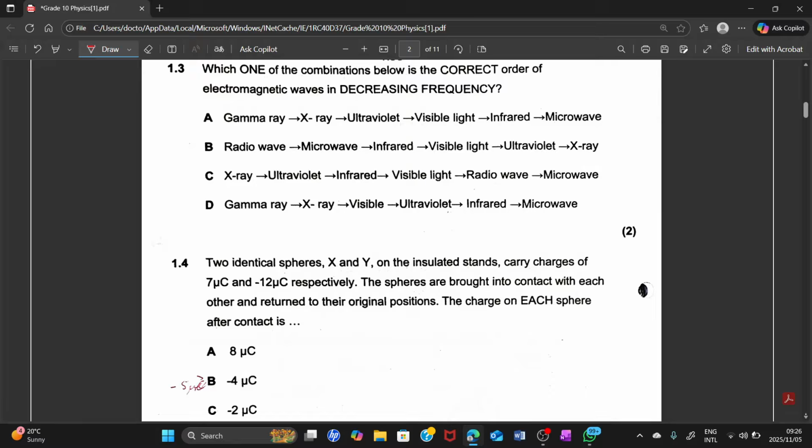I just read the first one, and we find that the first one is the correct answer. So this is in decreasing frequency. Start from gamma, X-ray, ultraviolet, visible light, and then infrared, and then microwave.